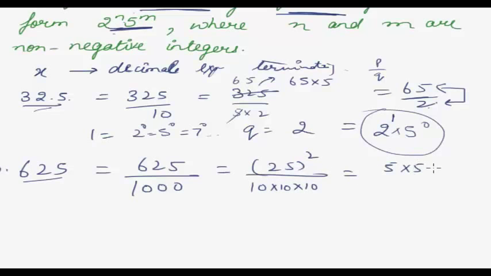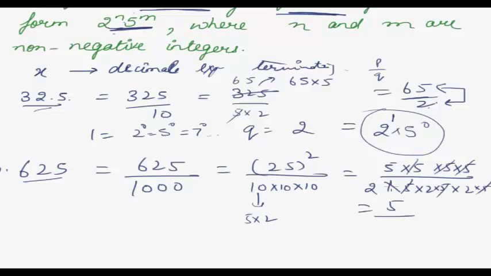So we have 5 into 5 whole square, that is again 5 into 5 over 10. 10 is 5 into 2, so we have 2 into 5 into 2 into 5 into 2 into 5. 3 5s will get cancelled and we are left with 5 over 8.